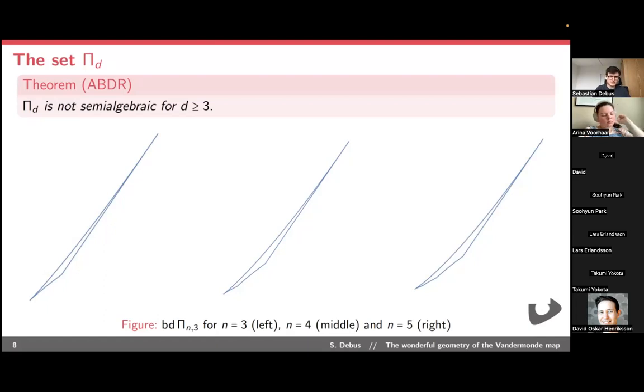Those semi-algebraic sets are important for Nichtnegativstellensätze, so for certificates of non-negativity of polynomials. Everything in real algebraic geometry goes back to semi-algebraic sets. And although we have a fairly simple map, this Vandermonde map, when we go to the image at infinity, it leaves this setting of semi-algebraicity, and things get more complicated in some sense.